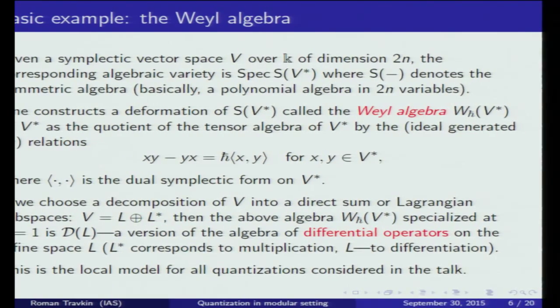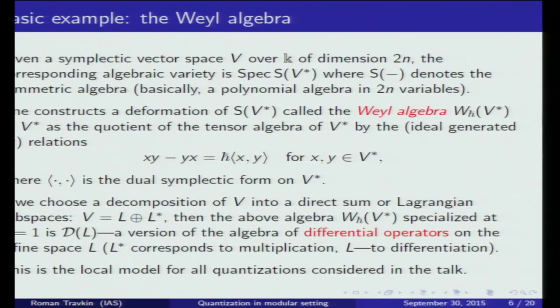It's the quotient of the tensor algebra of V star by the ideal generated by the relations xy minus yx equals h bar times the bracket of x and y, for x and y in V star, where this bracket is the dual symplectic form on V star.